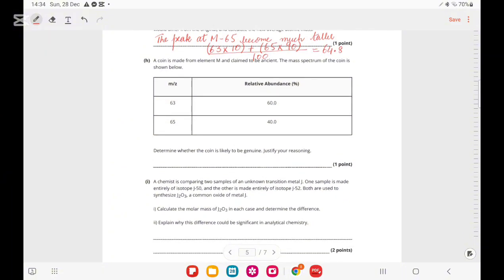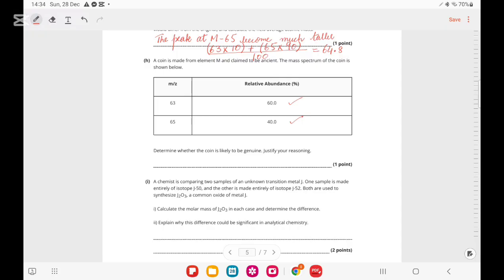Determine whether the coin is likely to be genuine when the abundance of 63 is 60% and 65 is 40%. So you can see that now we have different abundance, and what can we write? That it deviates significantly from the natural ratio.